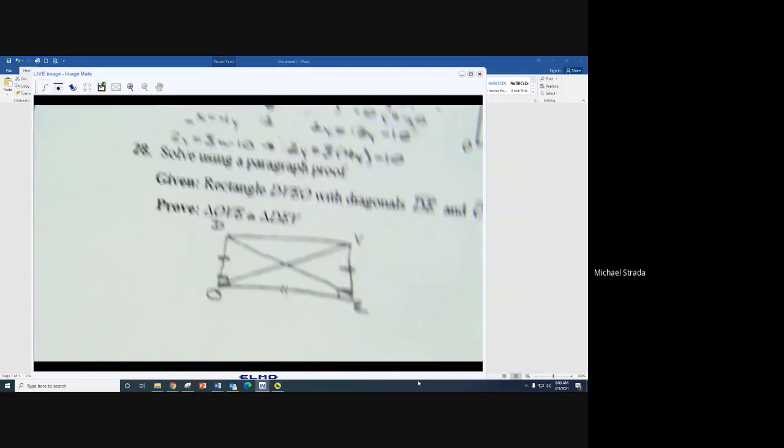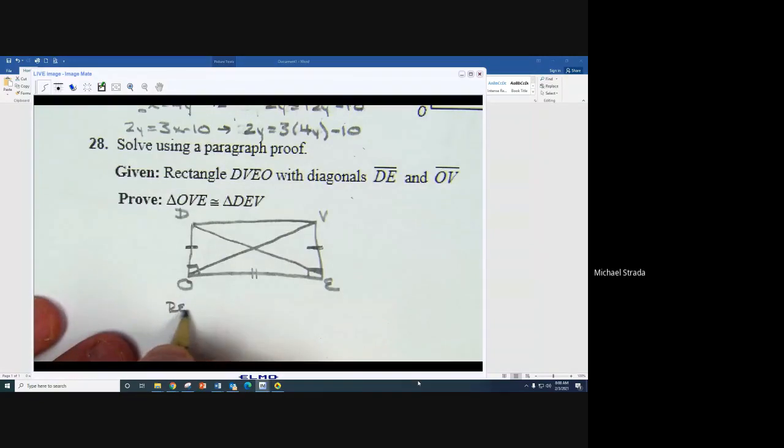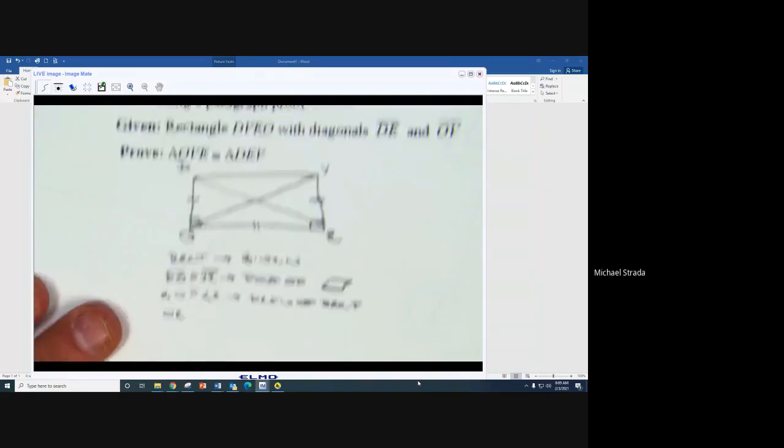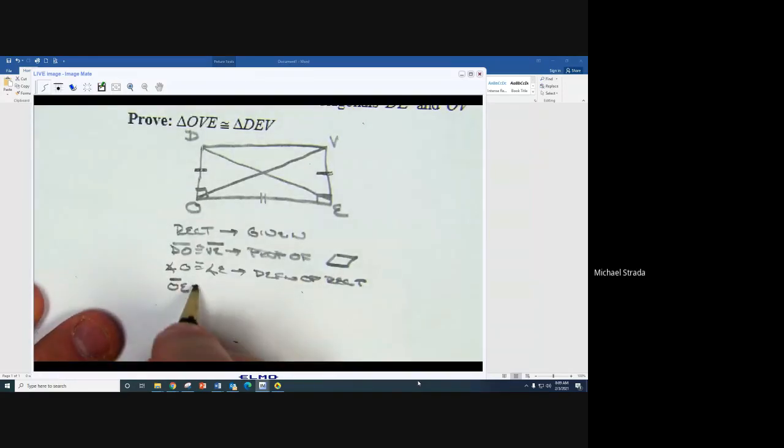All right, so basically you start with the rectangle because it's given. You would then say DO is congruent to VE, properties of parallelograms. You would then say angle O is congruent to angle E, definition of a rectangle. OE is congruent to OE, reflexive.